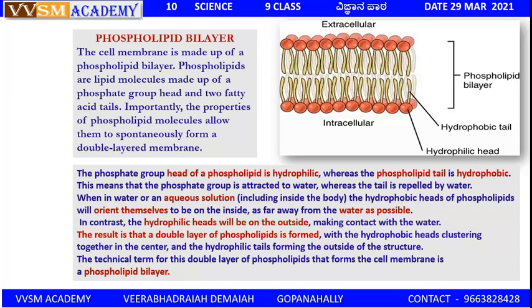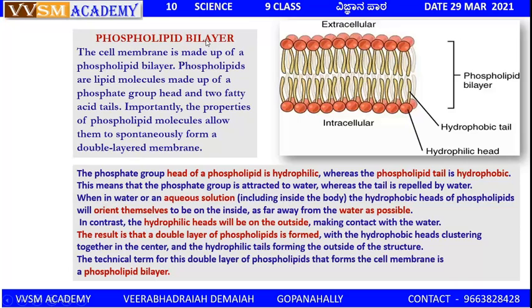In contrast, the hydrophilic heads will be on the outside, making contact with the water. The result is that a double layer of phospholipids is formed, with the hydrophobic tails clustering together in the center and the hydrophilic heads forming the outside of the structure. The technical term for this double layer of phospholipids that forms the cell membrane is phospholipid bilayer.